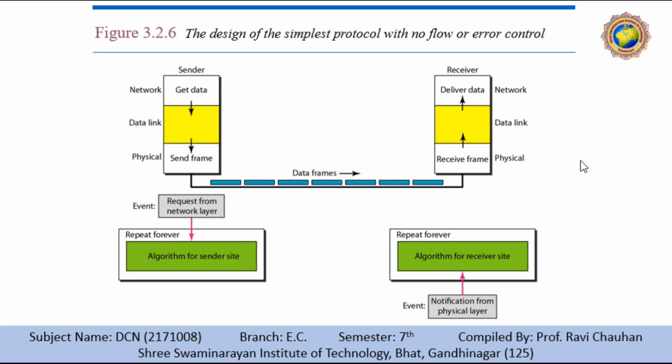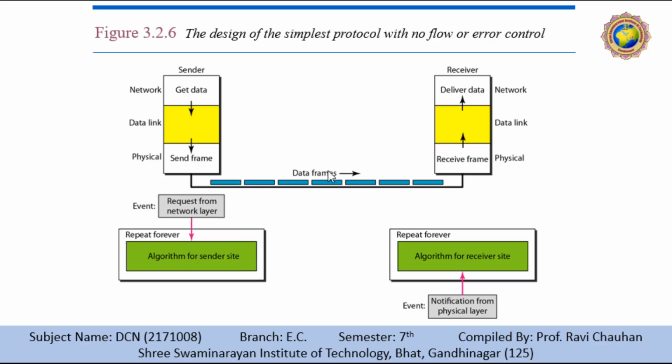The data link layers of the sender and the receiver provide the transmission service for their network layers. The data link layer uses the services provided by their physical layers, such as signaling, multiplexing and so on, for the physical transmission of the bits. Okay, our figure shows the design of the simplest protocol with no flow or error control.